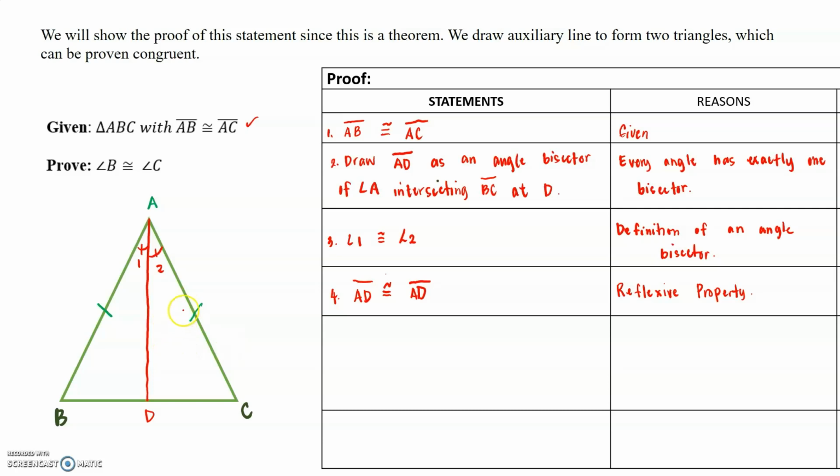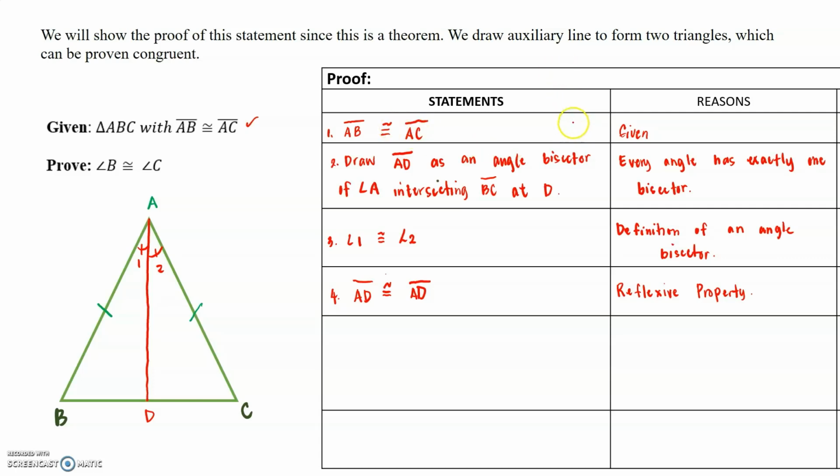Next. Looking at our statements here, going back to statement 1, we have already established congruence of one pair of sides in our two formed triangles.